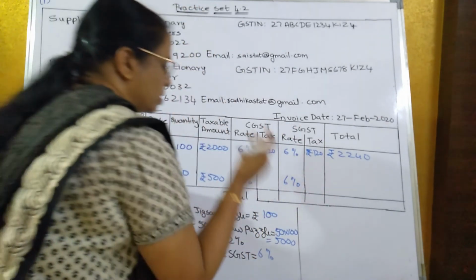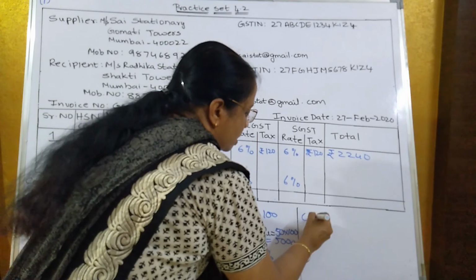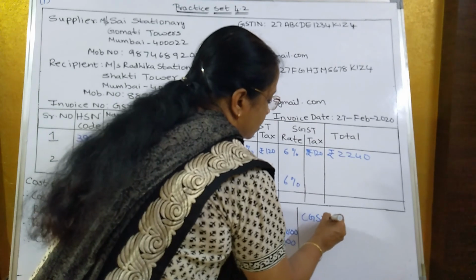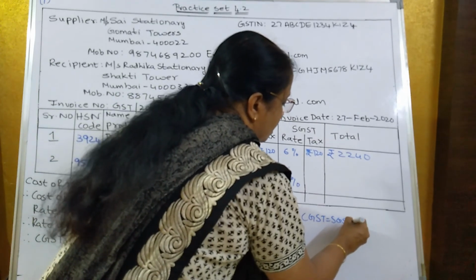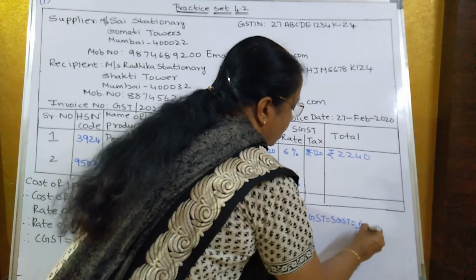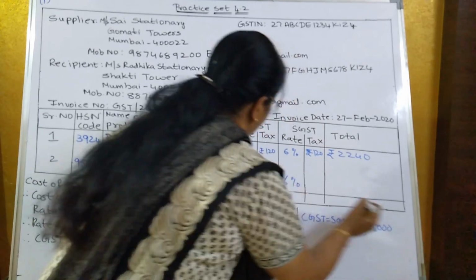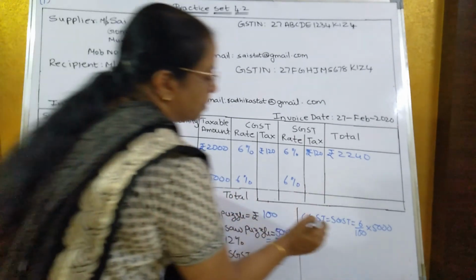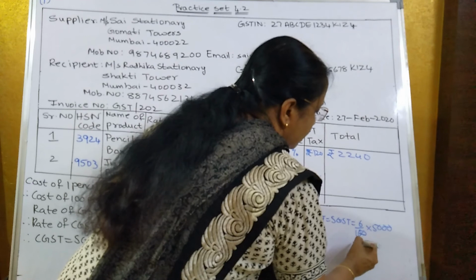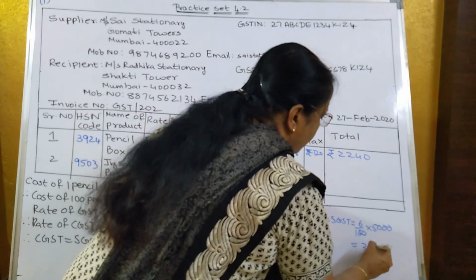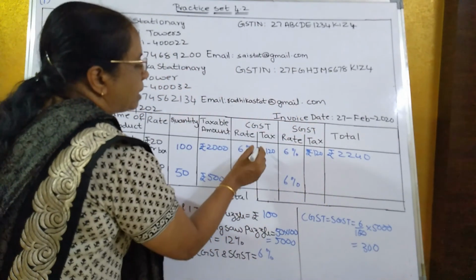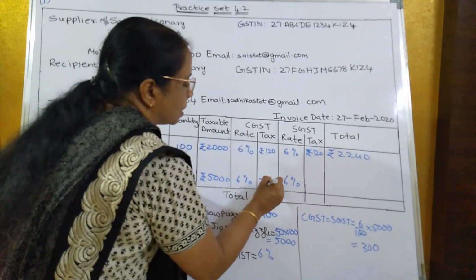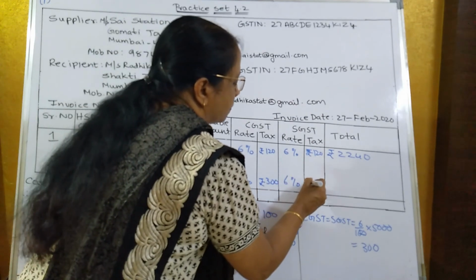Now 6% of 5000 is how much? So CGST is equal to SGST is equal to 6 upon 100 into 5000. What is the taxable amount? 5000. Sorry, I put 500. 5000. So 2 zeros will get cancelled. That's equal to 300 rupees. So the CGST tax amount is rupees 300, and here also it is rupees 300.